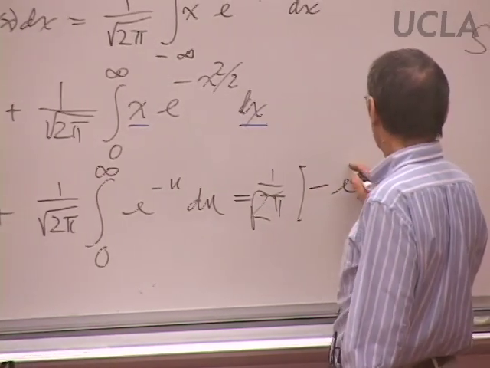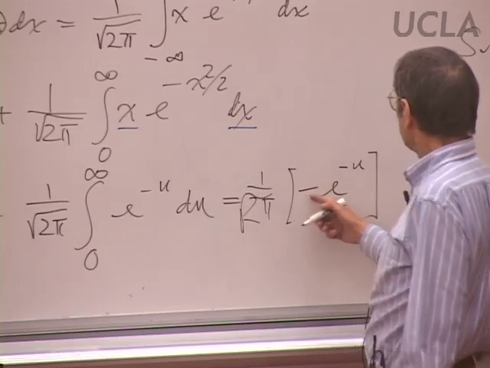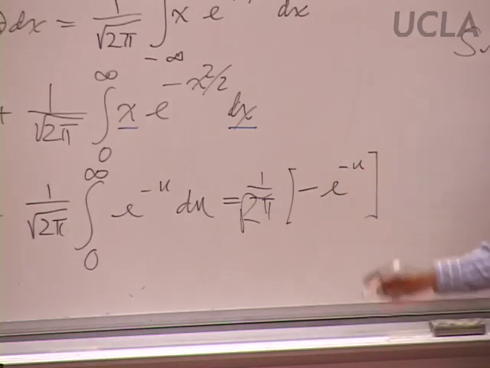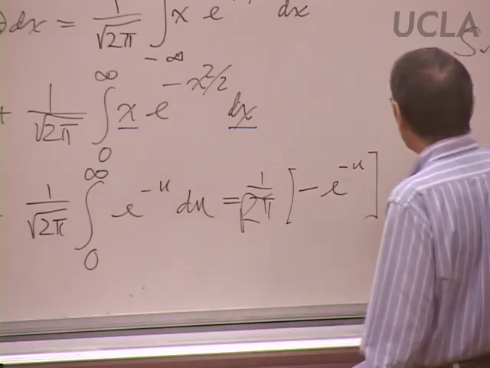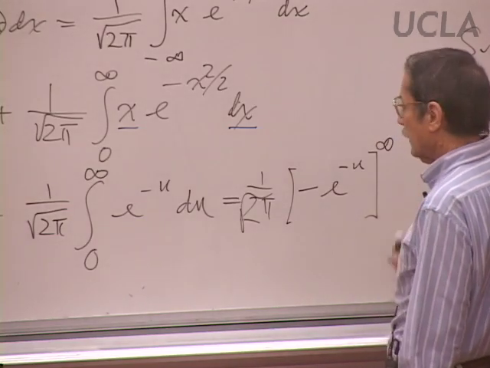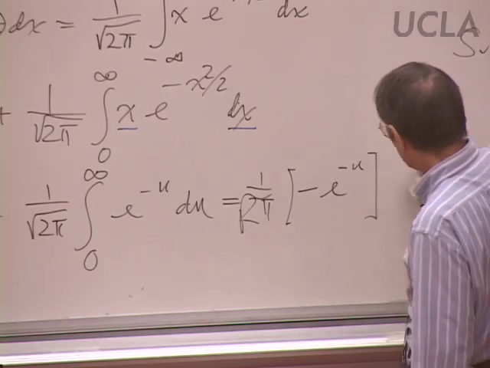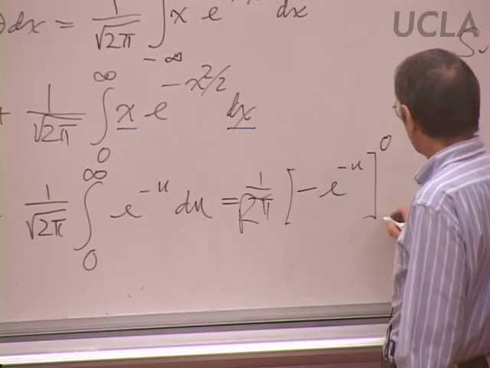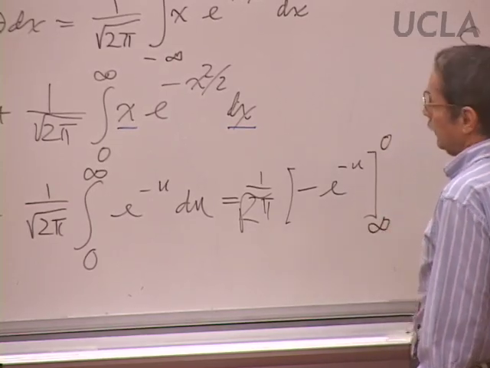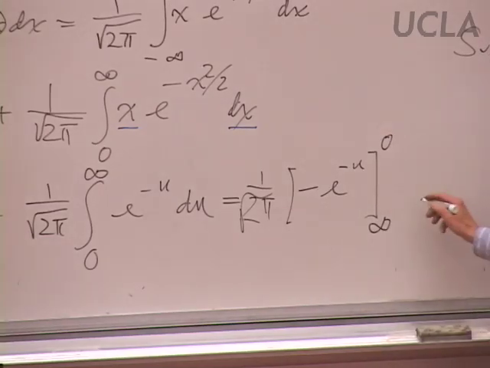Minus e to the minus u would be an antiderivative for e to the minus u, and we plug in the upper and lower bounds of integration.